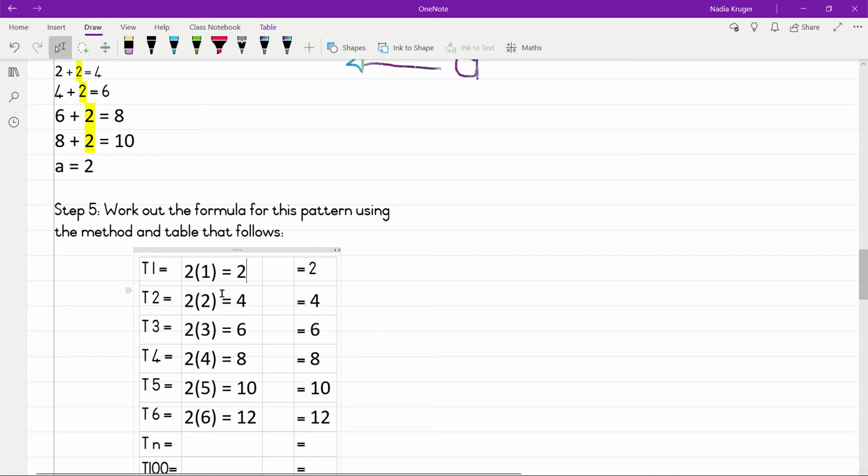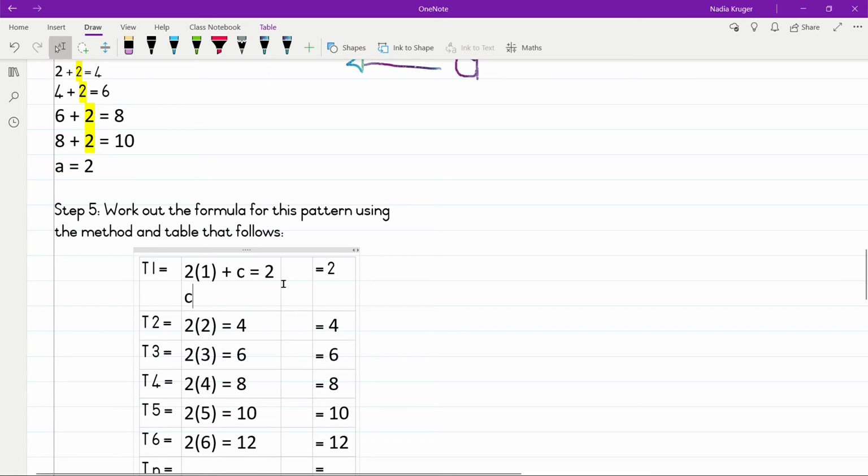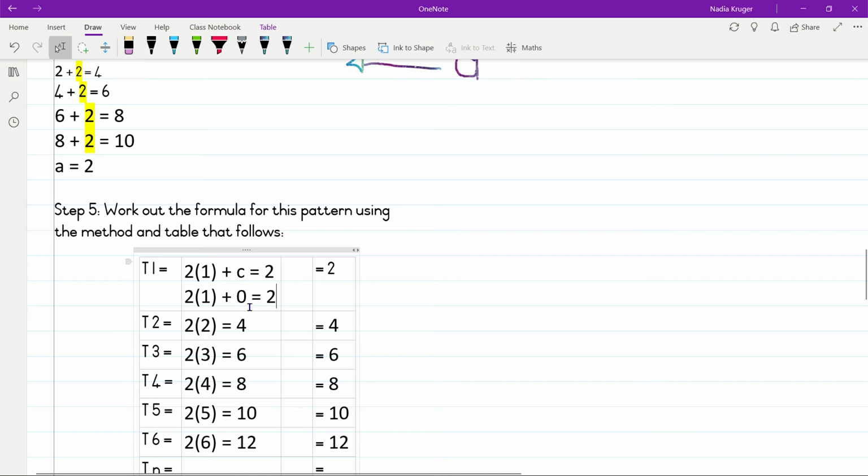So if we still have to add a C here, what are we going to add to make this equation still true? We will have to add 0. So 2 times 1 plus 0 would give us our 2. So if we add 0 to 4, we still get 4.